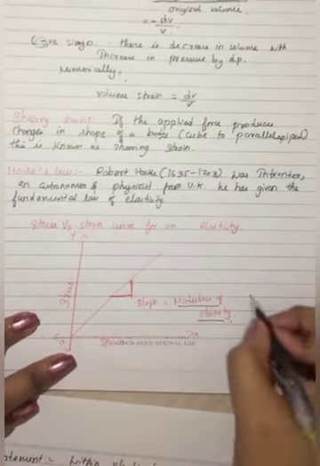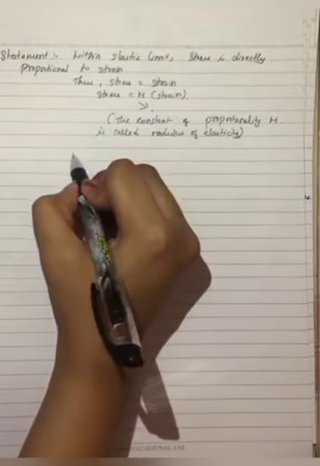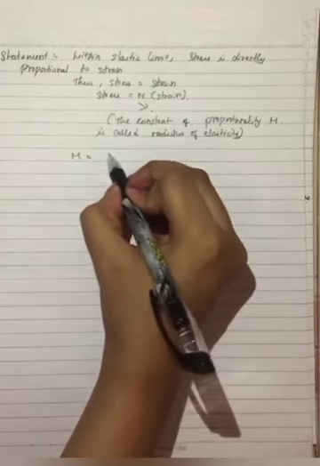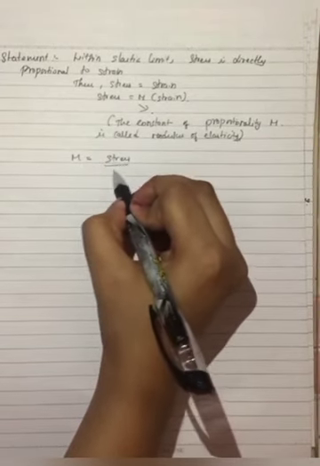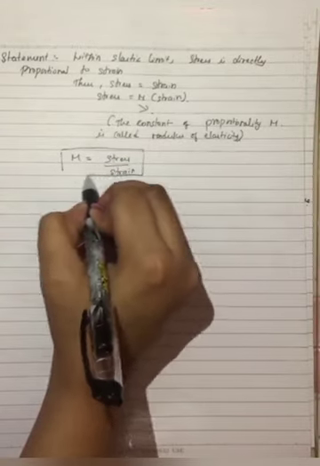This is the slope of stress and strain, the modulus of elasticity, that is M. Now this M is equal to stress upon strain. That's all. This is Hooke's law.